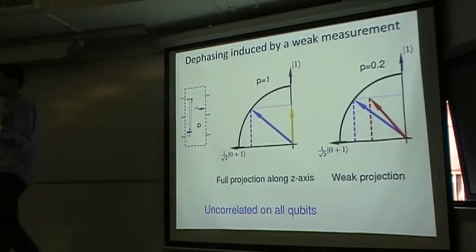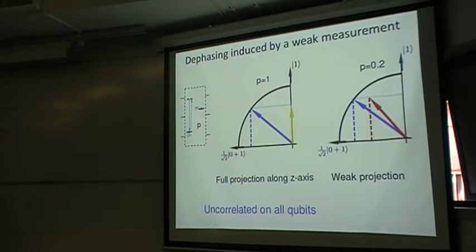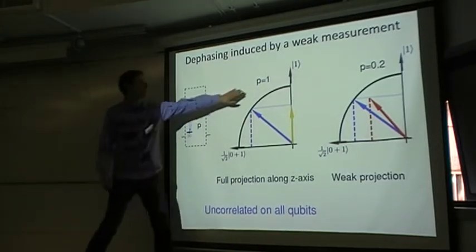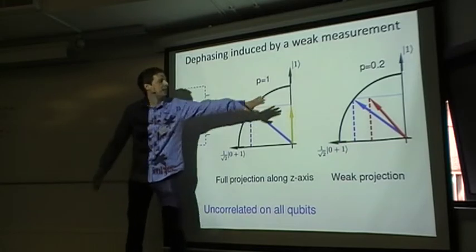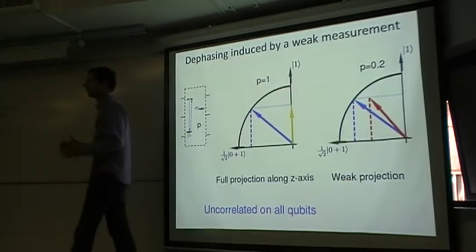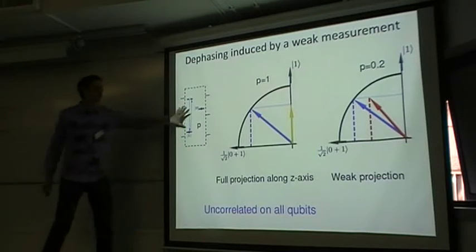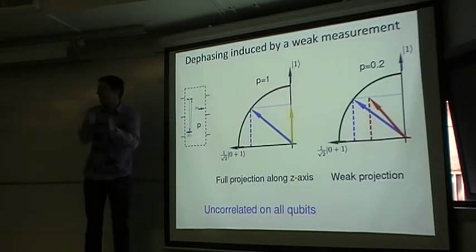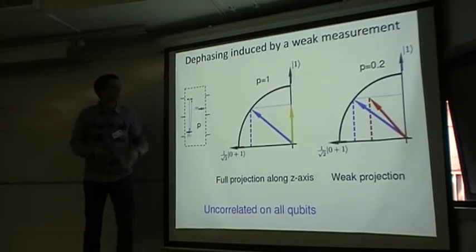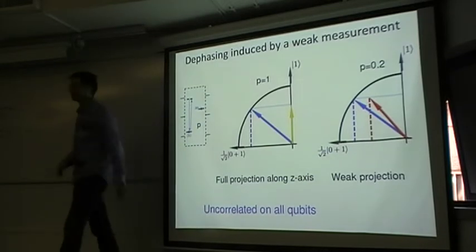So the phase information is completely lost by a measurement. And if you have probability 1, it's really completely lost. If you have probability 0.2, of course, you just reduce the Bloch vector in that direction. So such a measurement, of course, affects all of these ions individually. Each of these ions is measured individually, and due to that, you actually get it uncorrelated.